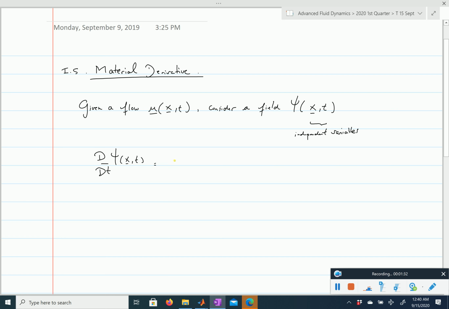That is equal to the derivative that we already know, the partial derivative with respect to time of psi at x and t, plus u dot grad of psi at x and t.